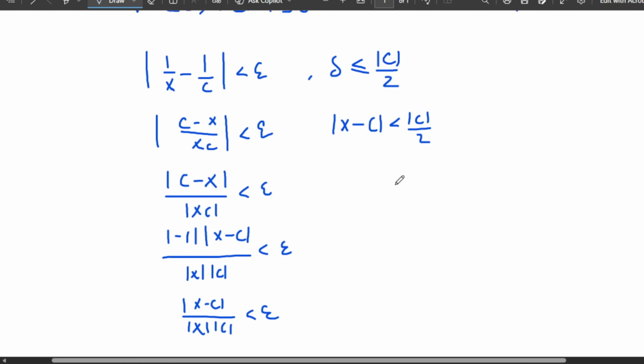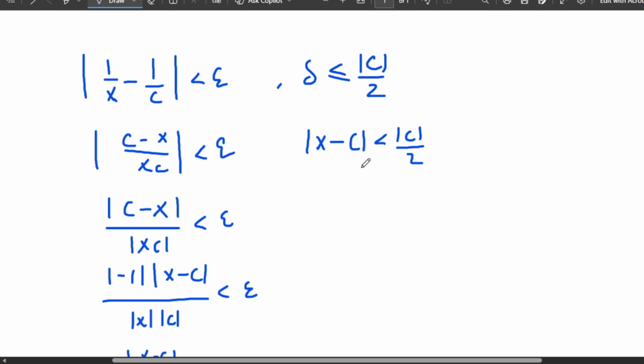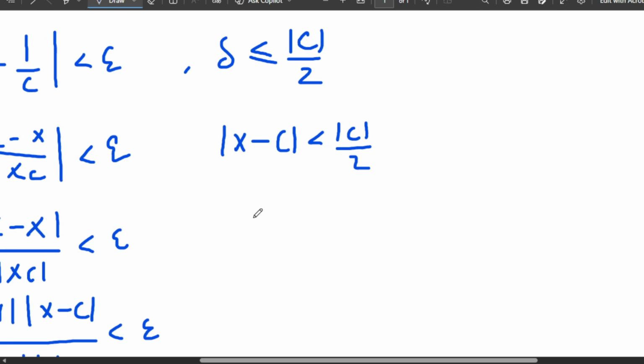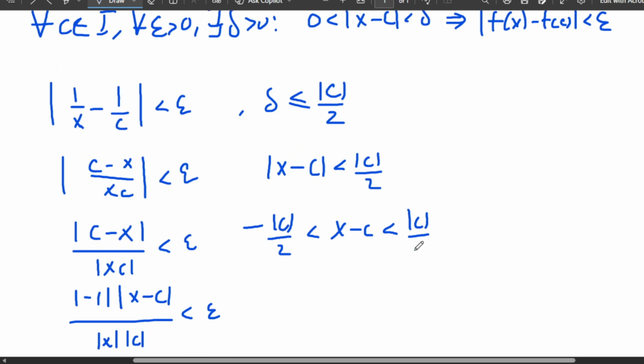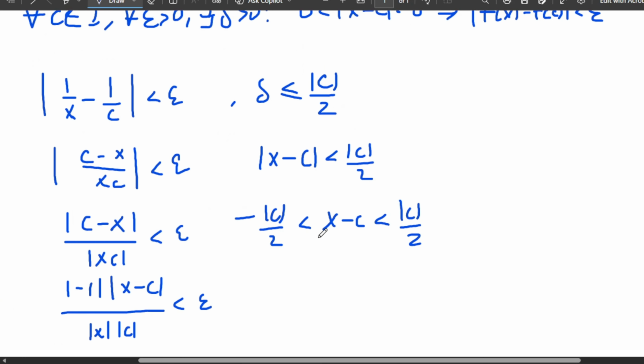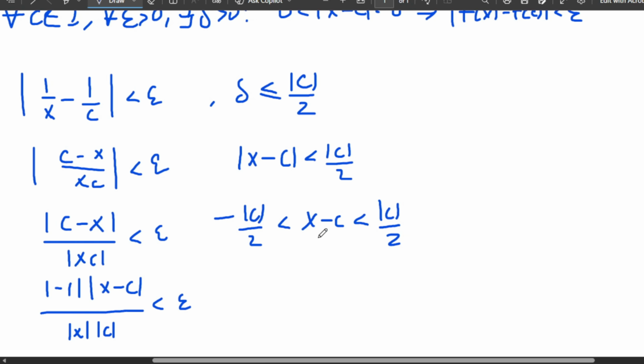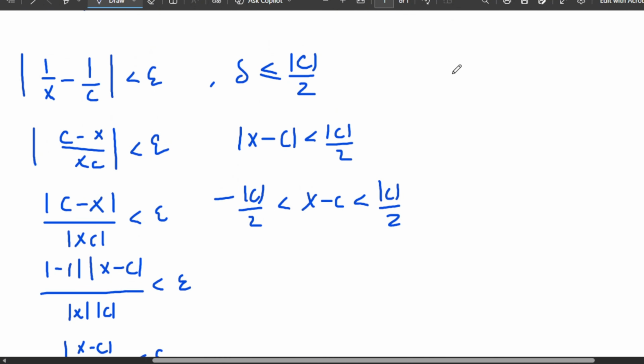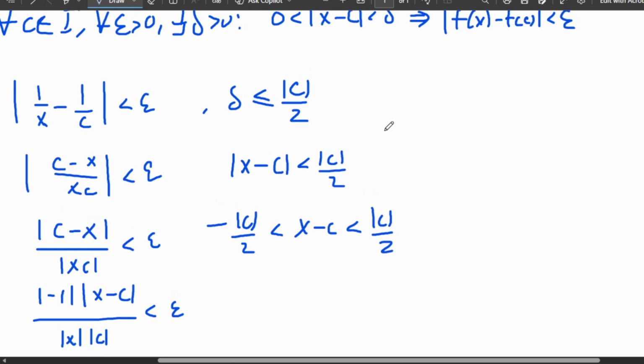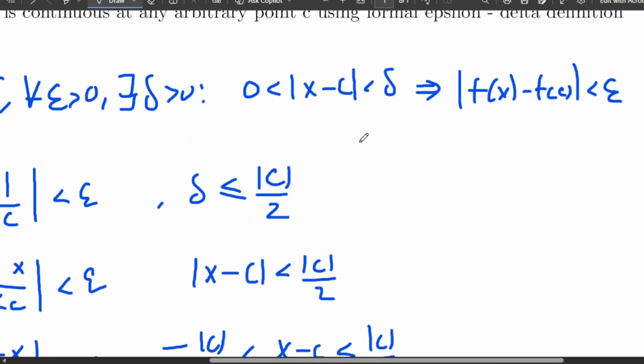Doing that, we have negative |c| over 2 less than x minus c, which is less than |c| over 2. To have a cleaner bound, we need to use the triangle inequality.